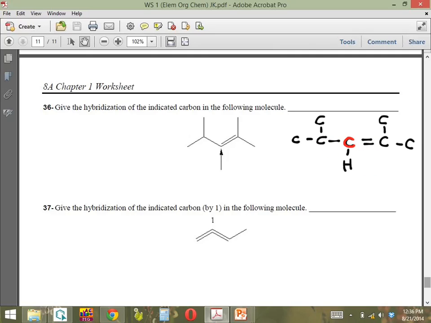So 3 groups would be what hybridization? sp2. Okay, so there, I gave you one. So sp2, if we were going to put a superscript on the s, what would it be?